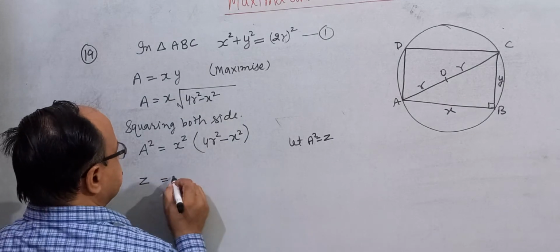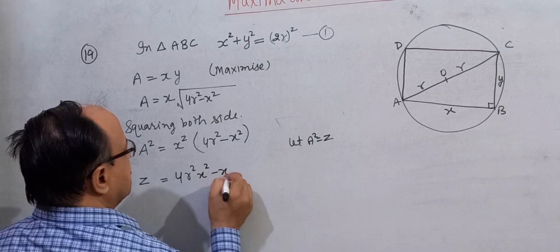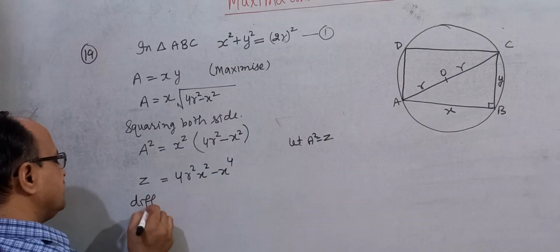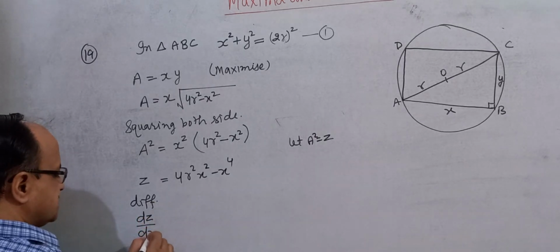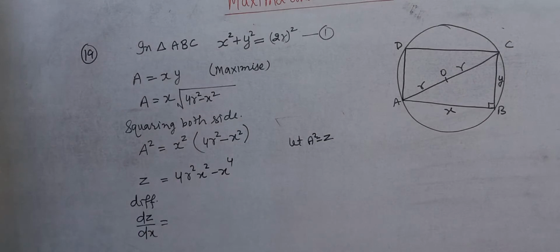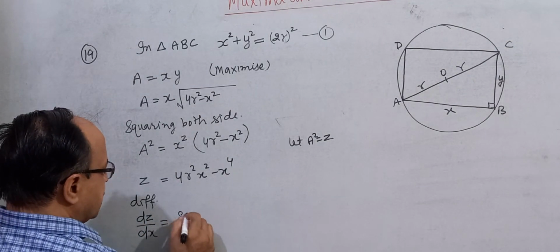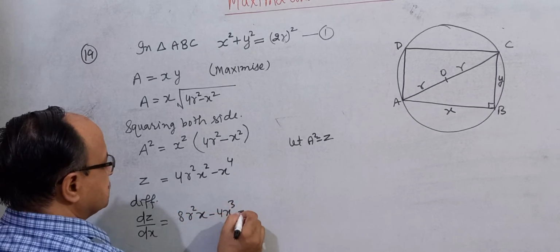Now multiply: 4r square x square minus x to the power 4. Now differentiate both sides with respect to x. dz upon dx is 8r square x minus 4x cube.